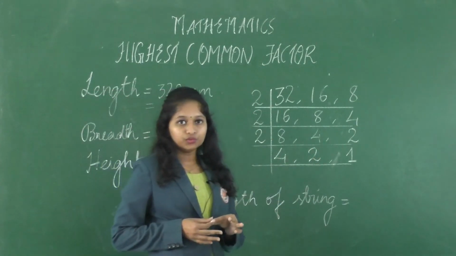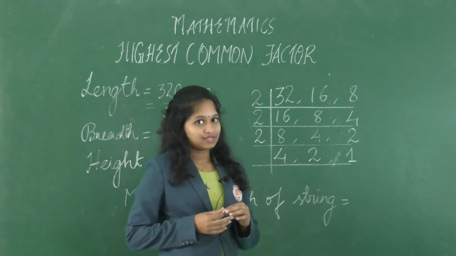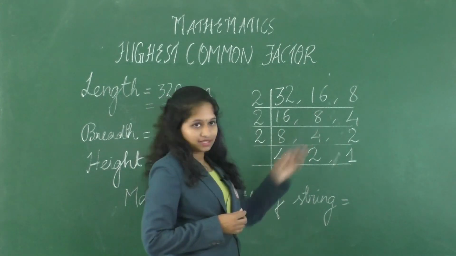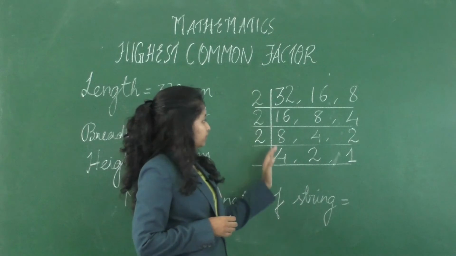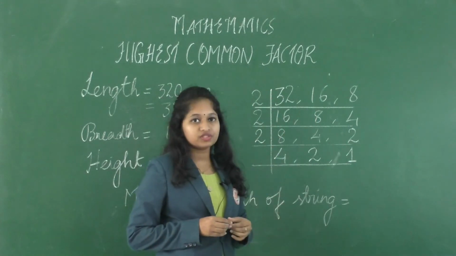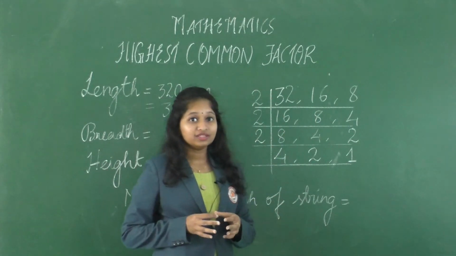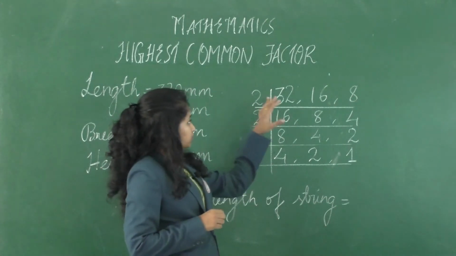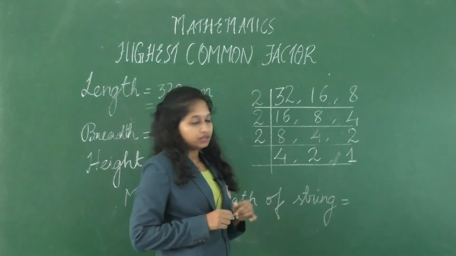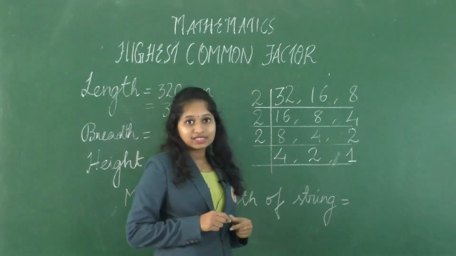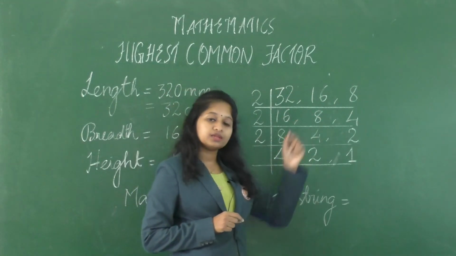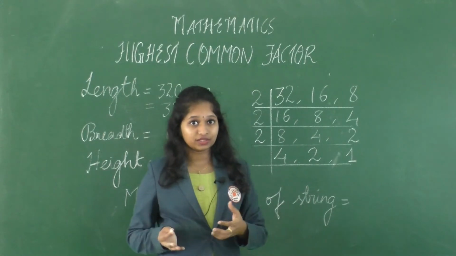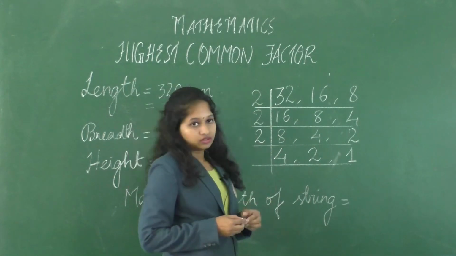Now let's move on to HCF. To find the HCF, we are listing all the numbers. This is to find the longest length of the string to be used. So I have written all the numbers here. Which is the least number by which all these three numbers are divisible? It is 2.